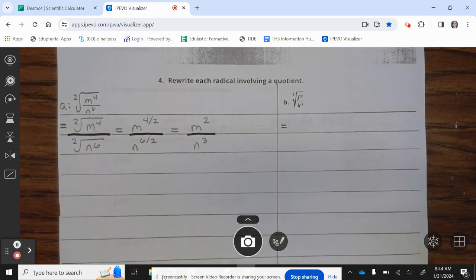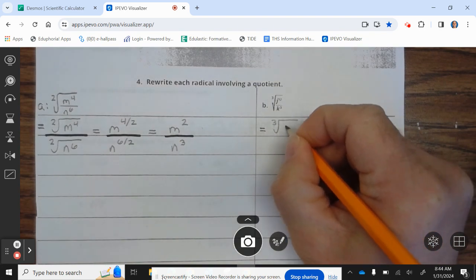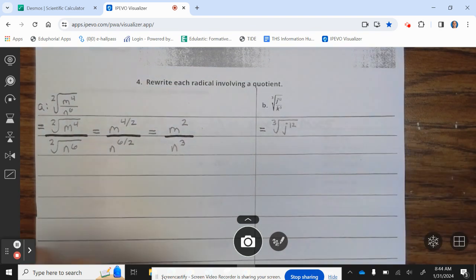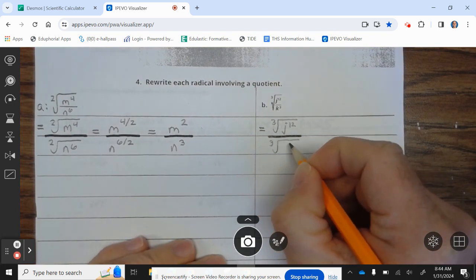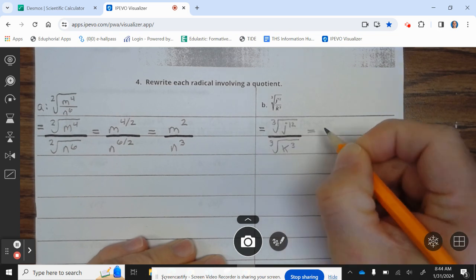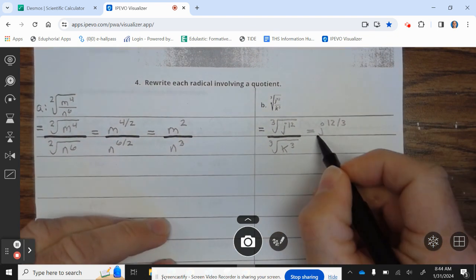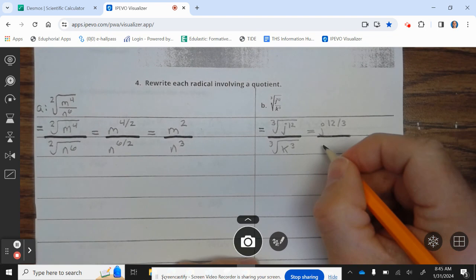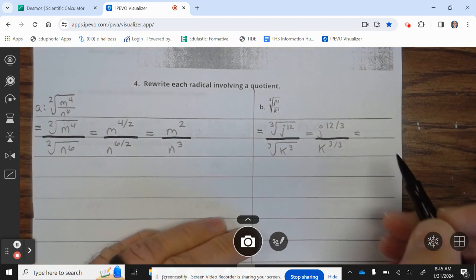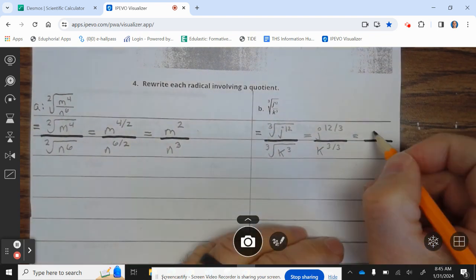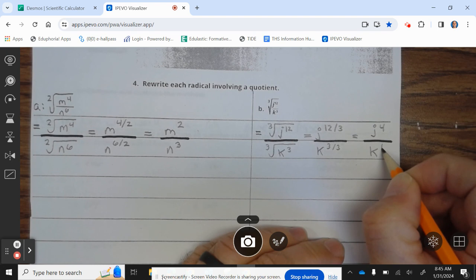Let's take a look at 4b. All right, so we have the cube root of j to the 12 divided by the cube root of k cubed, which can be written as j to the 12 divided by 3 divided by k to the third power divided by 3, which equals j to the fourth power divided by k to the first power.